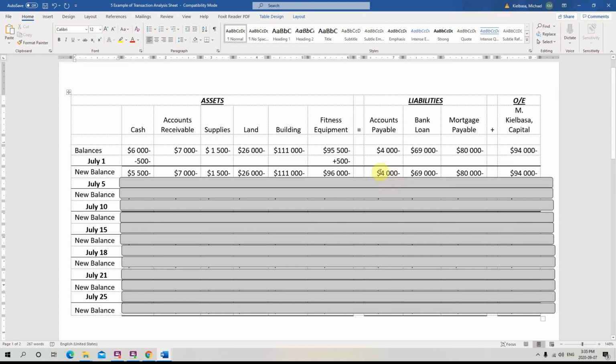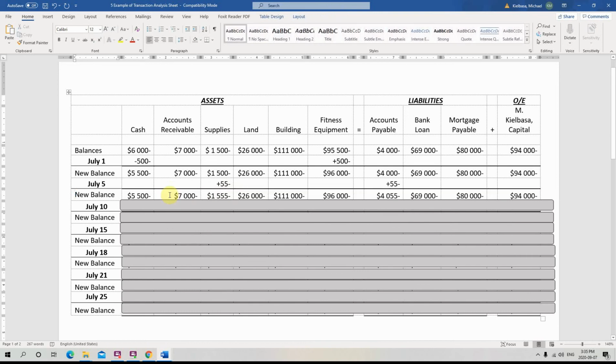I started owing $4,000, and now I bought supplies on account for 55, so our accounts payable is going up. All right, so we record that transaction and we come up with new balances.